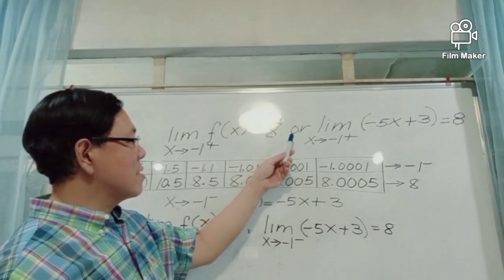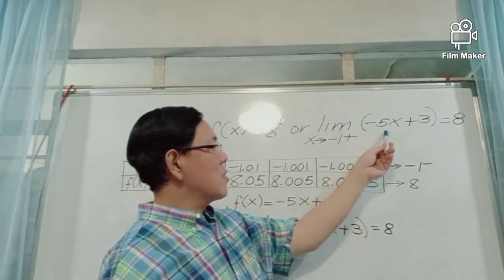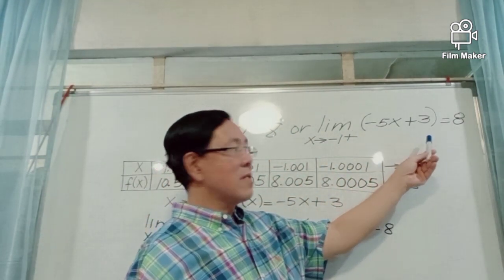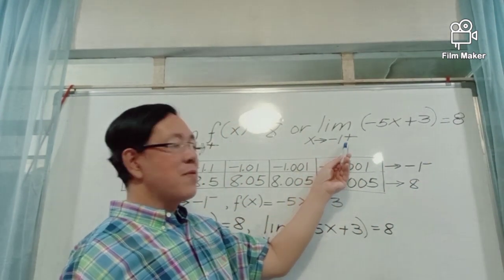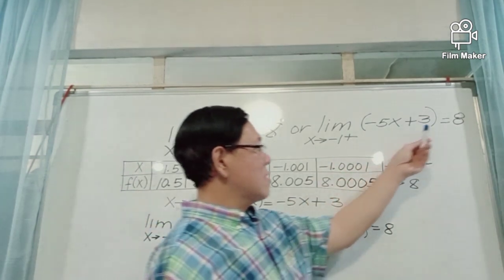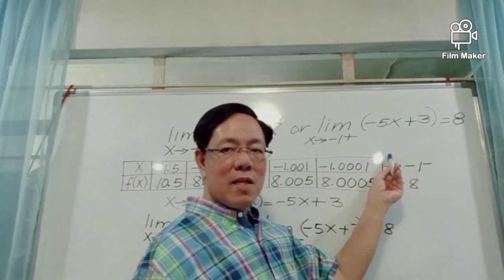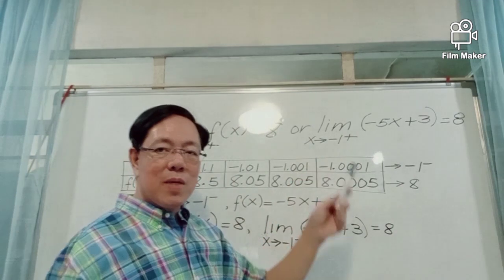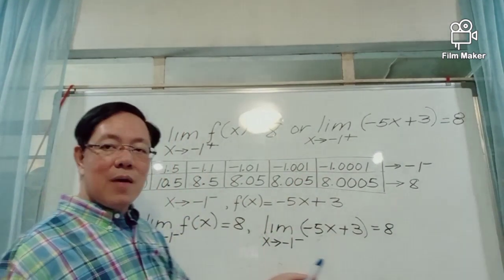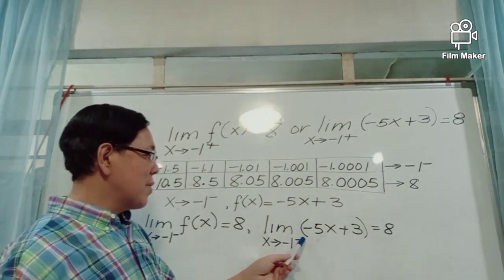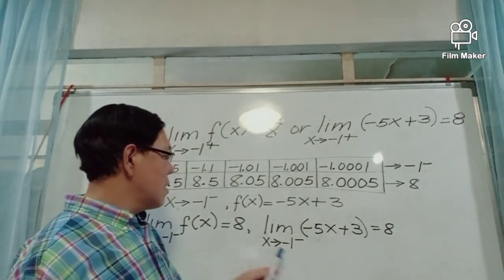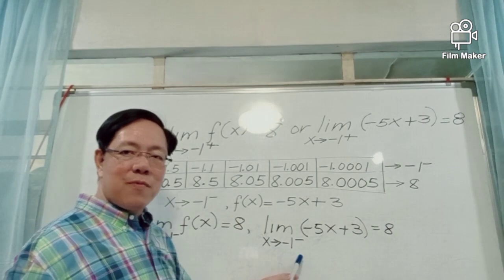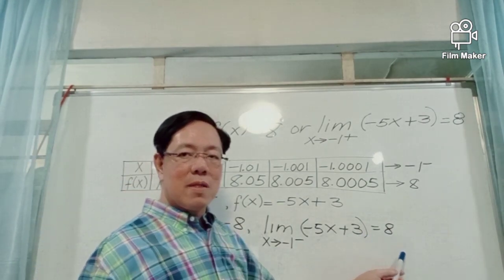But you can see that the limit of the function negative 5x plus 3 as x approaches negative 1 from the right is 8. And this is the right-hand limit. And the right-hand limit is equal to the left-hand limit. The limit of negative 5x plus 3 as x approaches negative 1 from the left is positive 8.